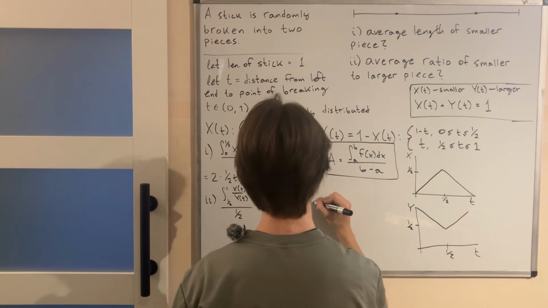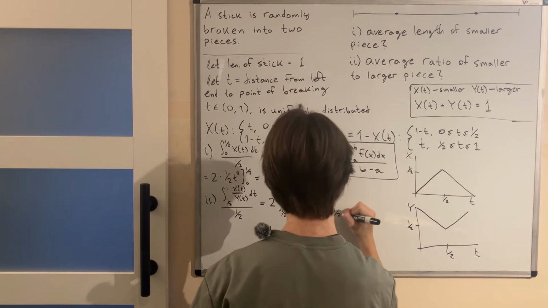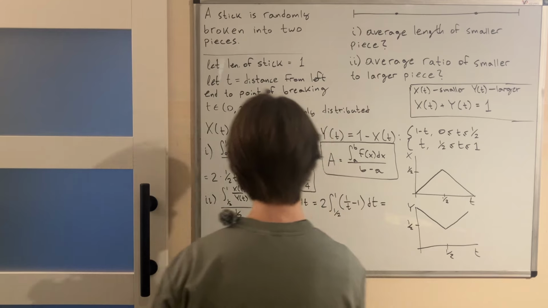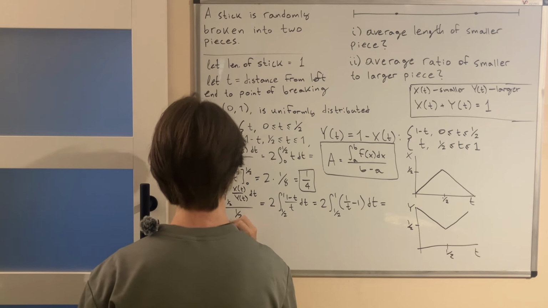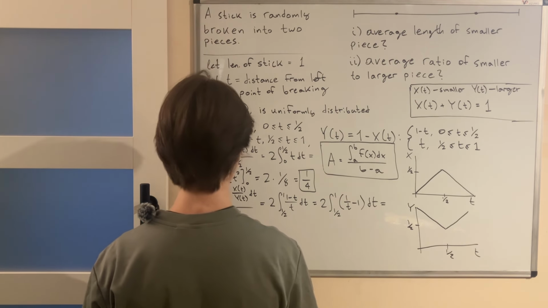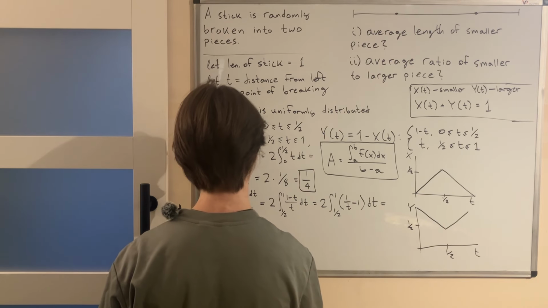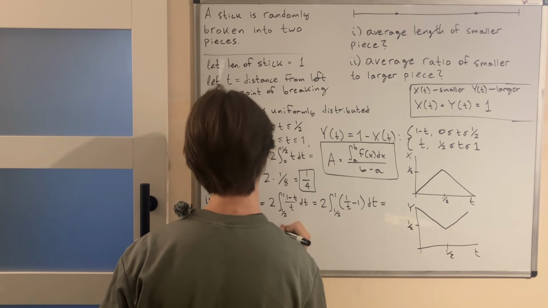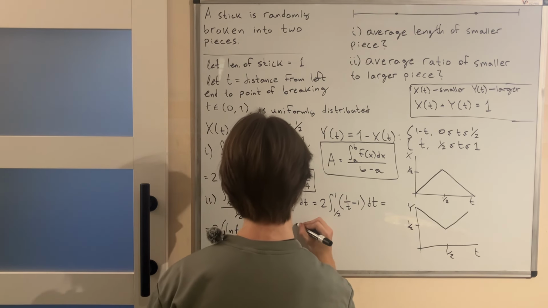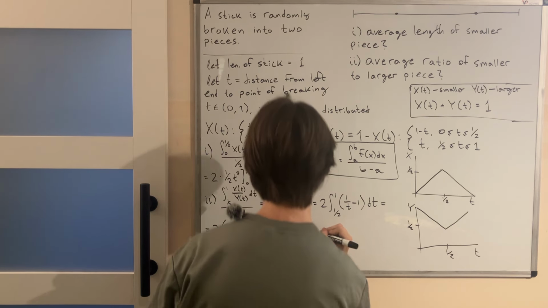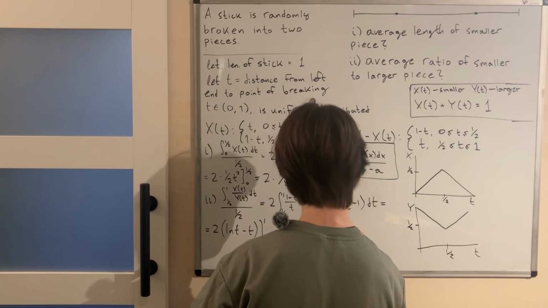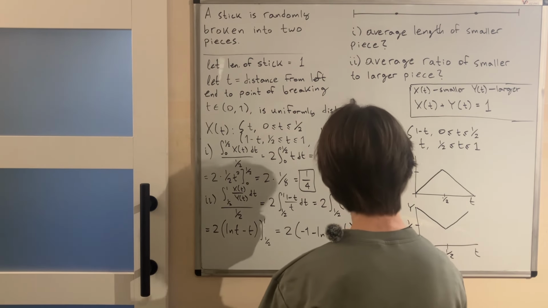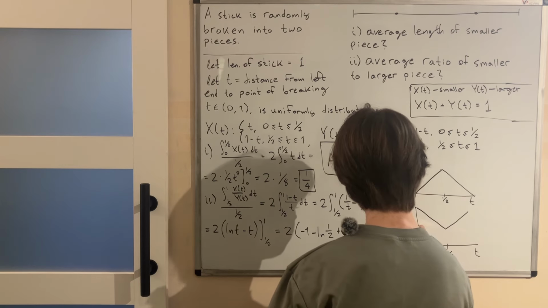And we can do this simply. We can write this as twice the integral from 1/2 to 1 of 1 over t minus 1 dt. This is equal to twice of, what's this going to be, the natural log, ln of t, and then minus t, with the bounds of 1/2 and 1, and this becomes 2 times minus 1 minus ln of 1/2, and then plus 1/2, which becomes 2 ln of 2 minus 1.